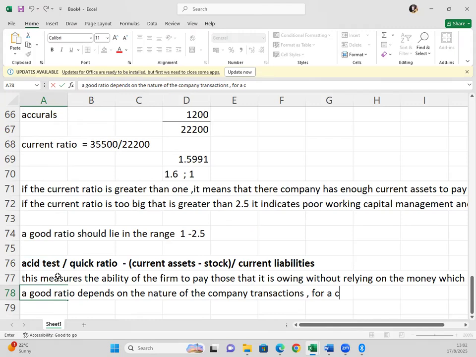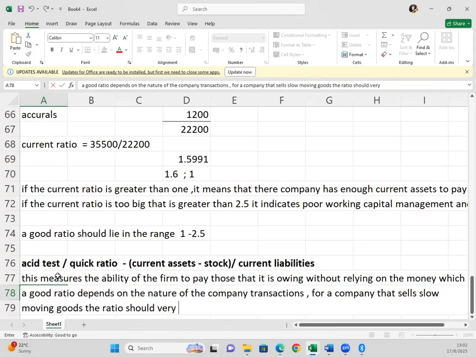For a company that sells slow-moving goods, the ratio should be very close to 1.